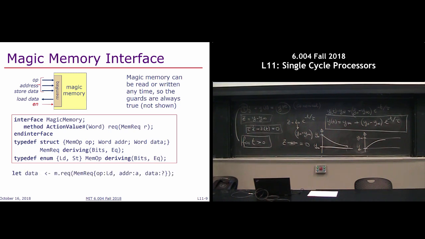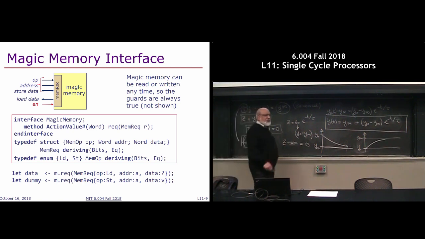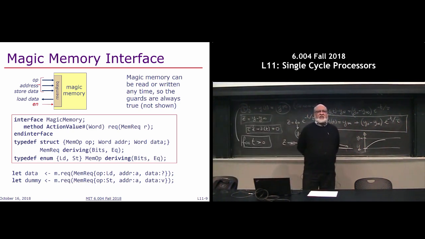If I am doing a load operation, then of course I don't have to specify the data part, because that will be coming out of it. Data is what will be returned when the magic memory functions. Similarly, if you have a store, then you have to supply the data along with the address, and it returns nothing. It returns a dummy. You could have written underscore there if you want. It can't be used for anything. Okay.